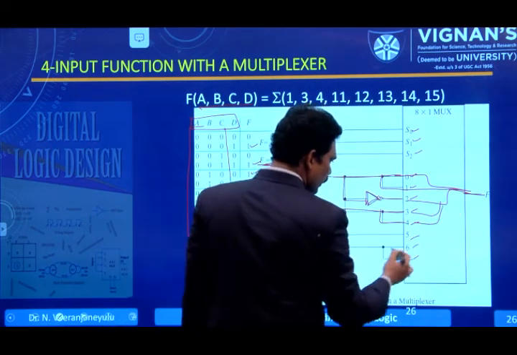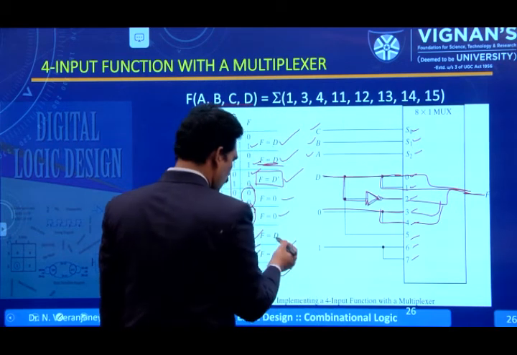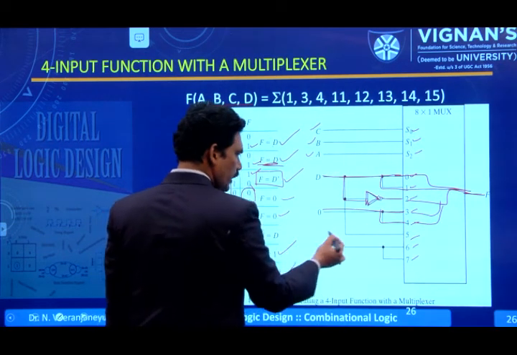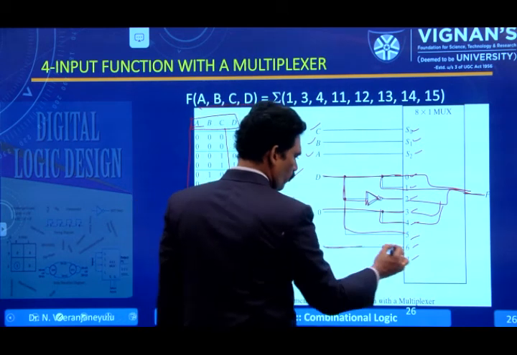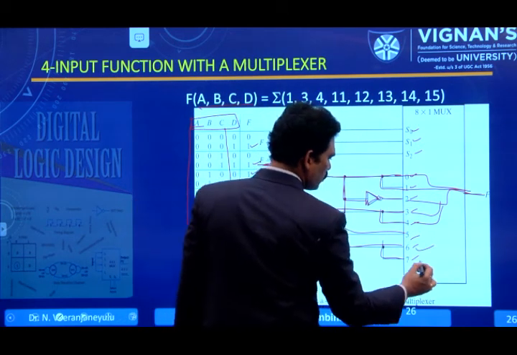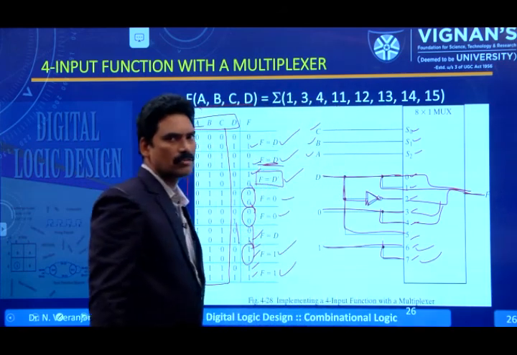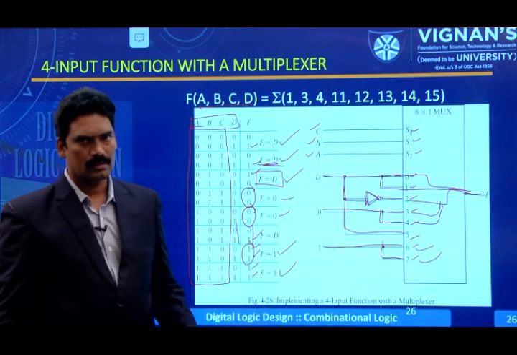Next, inputs 5 and 6 are f equal to d, directly d. And f is equal to 1, so input 6 and 7 are 1. That is the implementation of this multiplexer.